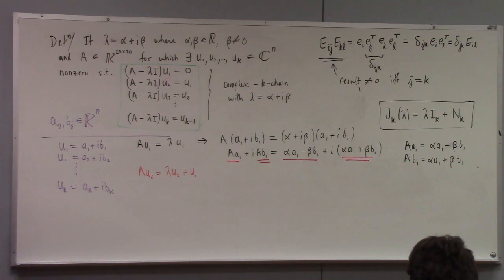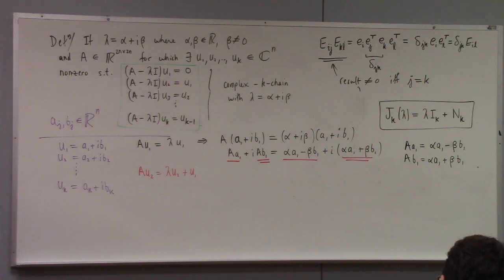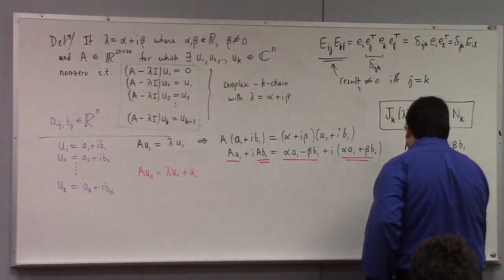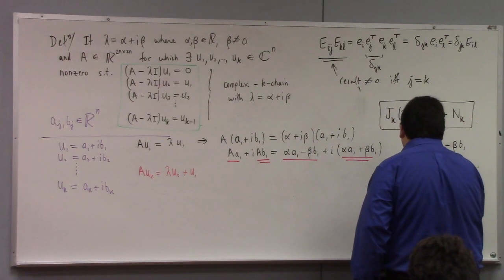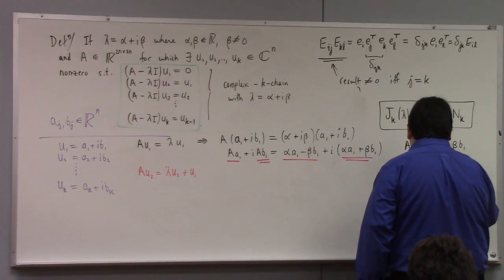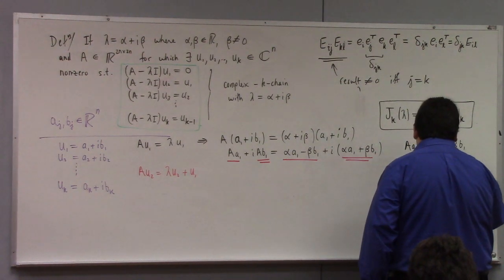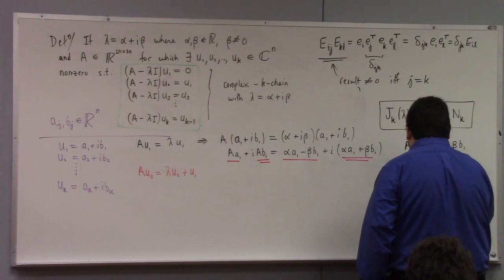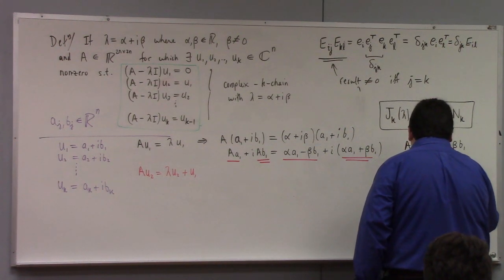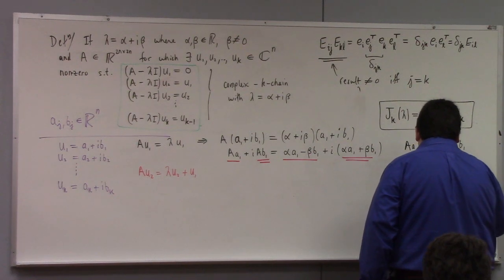And if you work out the calculation, analogous to the one I just did in the black there, it's pretty easy to see that you get almost the same calculation, but you get the following. A a2 is equal to alpha a2 minus beta b2. And you get A b2 is equal to alpha b2 plus beta a2, right?